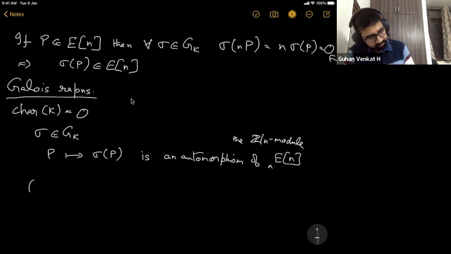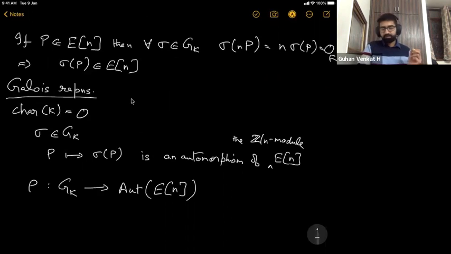So this gives the representation, which I'll call rho, from the absolute Galois group over K to the automorphism group of E[n].